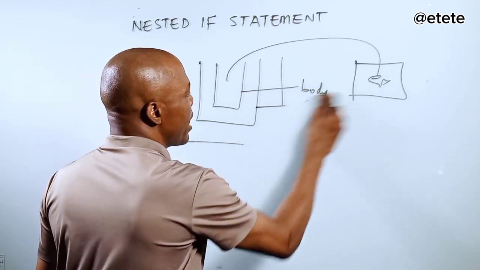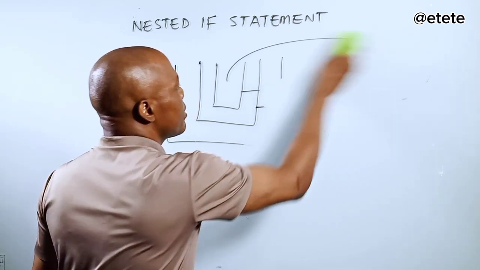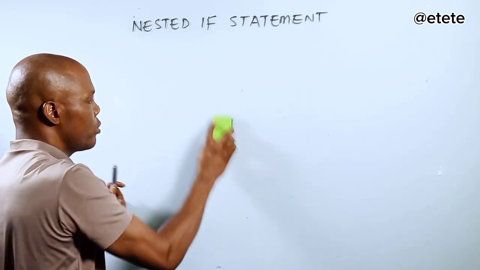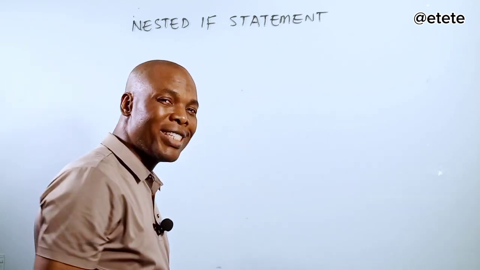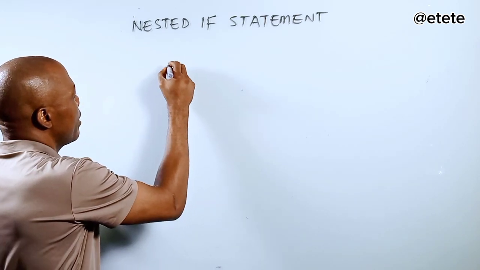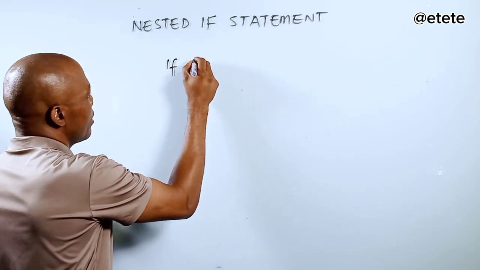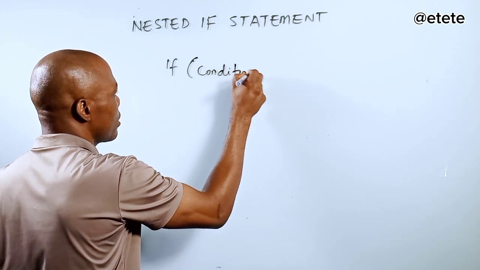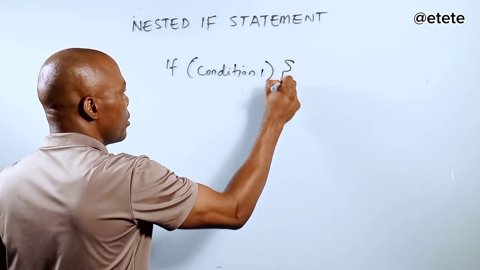So I'm going to write a nested if statement on the screen for you to see. But before then, let me show you the syntax of nested if. So the syntax is if, then you have condition one, you go in.